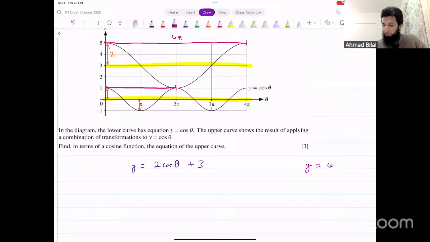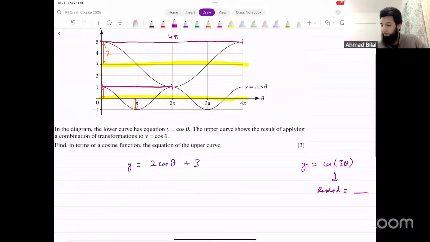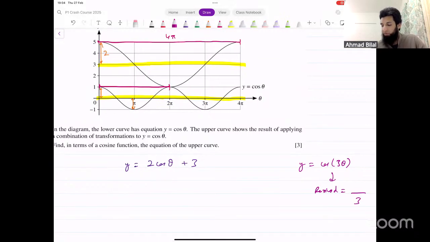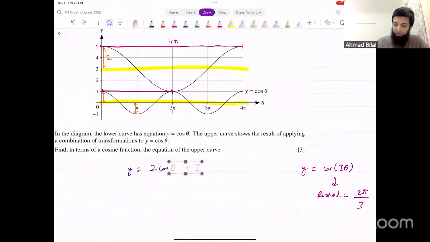If we had y equals cos of 3 theta, that would mean the period gets divided by 3. So whatever the original period was for cos, 2 pi, it gets divided by 3. If it's multiplying by 2, in this case 2 pi going to 4 pi, that would mean inside the angle we would divide by 2. So if the period is getting multiplied by 2, the angle gets divided by 2.